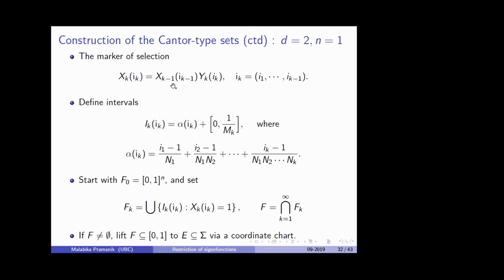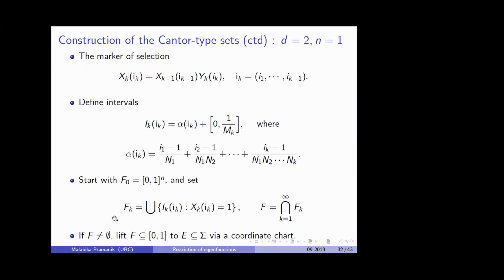Once a random variable X sub k minus 1 is 1, all its immediate successors are 0 or 1 independently. Well, if it is 0, all its children are automatically 0 because of the formula. But once you fix it, these X sub k's are independent of X sub k minus 1.